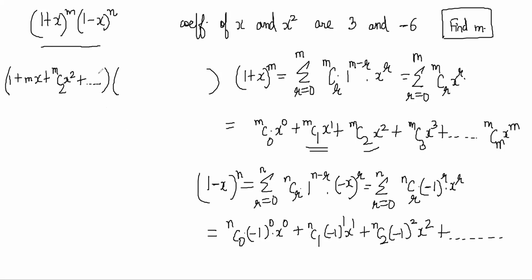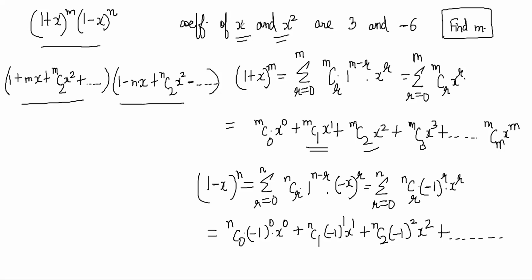The other terms have higher powers, that's why I'm not writing them. Here the second series is 1 minus n into x plus nc2 x square minus and so on. So this is the product of two different series. Now when you multiply the series, you will get the final series which will have these terms.